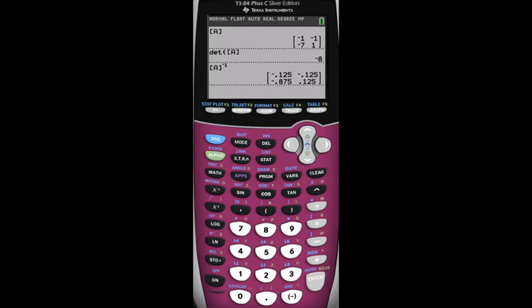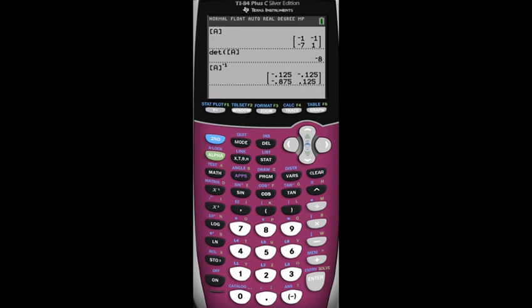All right, and this is especially helpful once we get up to higher values with this, like a bit larger dimensions. So we've got like a 3 by 3 or a 4 by 4 matrix. Finding the inverse by hand is not easy, but this is what we have the calculator for.